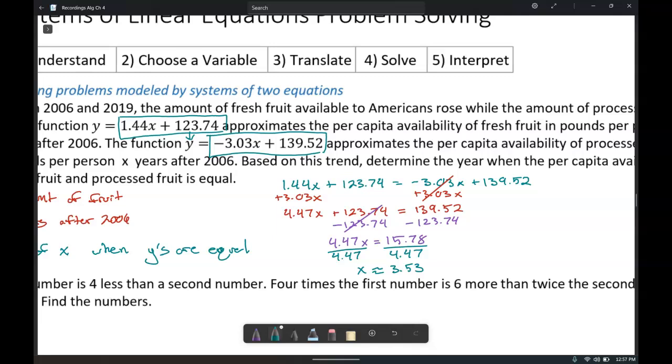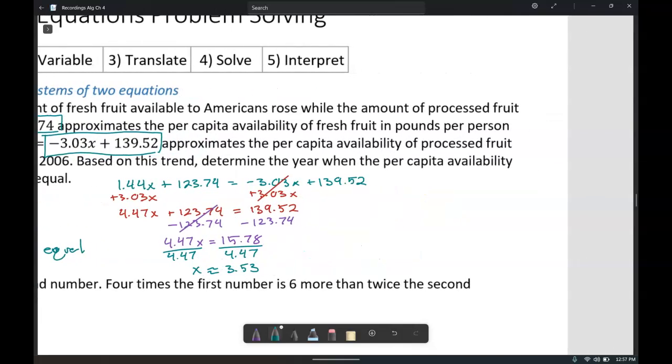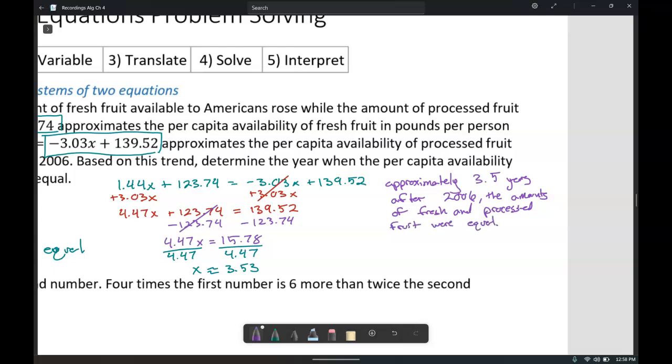And so we want to interpret this answer. What we're looking for is identifying that approximately 3.5 years after 2006, the amount of fresh and processed fruit were equal.